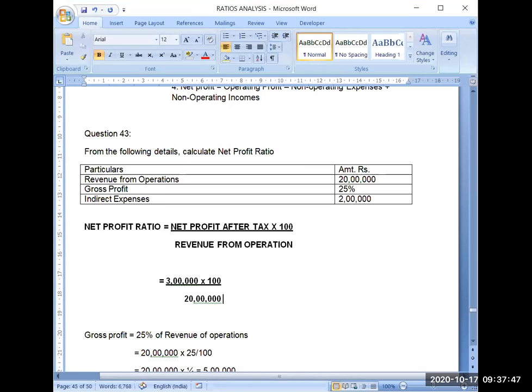If you solve it, you can see 5 zeros are there in denominator and 7 zeros in numerator. If you remove 5 zeros, then it will be 300 upon 20, which is 30 upon 2. So then it will be 15%. So this will be your net profit ratio.